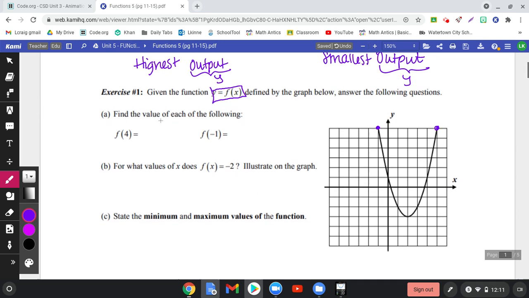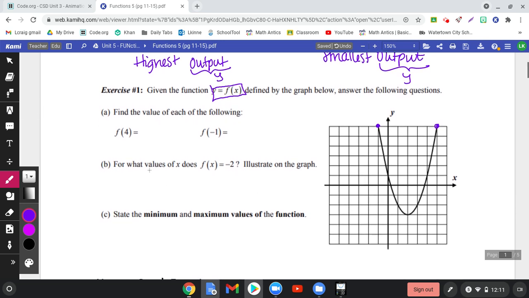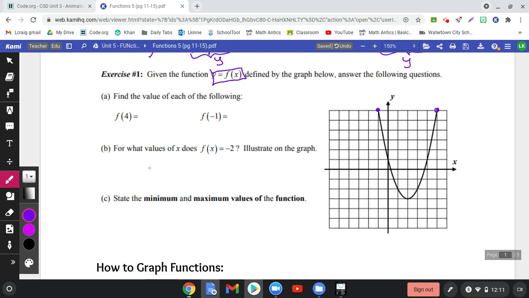It says find the value of each of the following. We talked about this last class. Remember, if you have the point x, y, in function notation that's going to be written like this. If I give you the number inside, that's your x value, and then you're looking for the y value that goes along with it.